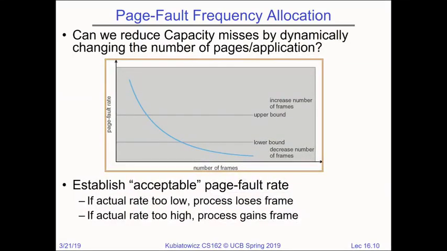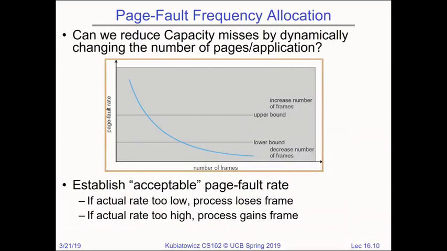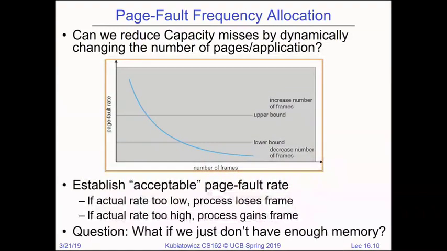We could dynamically give more pages or fewer pages to a process based on where they are in this page fault graph. Okay, so that's dynamically trying to adjust the memory usage based on how much it's actually taking. Okay. Now, what if we just don't have enough memory?